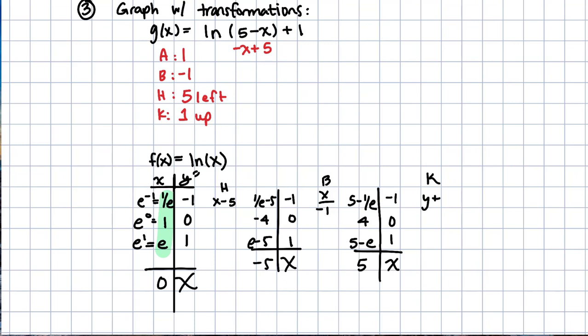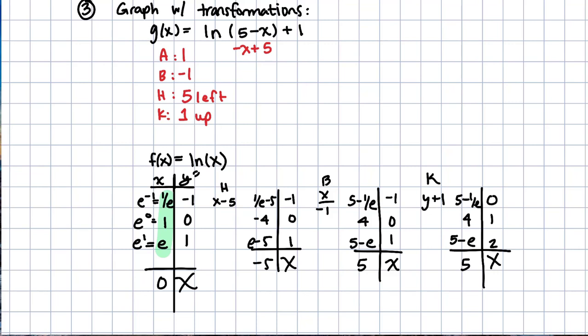The y coordinates are going to shift up 1, so it'll be y plus 1. So negative 1 plus 1 is 0, 1, 2. And then all the x's stay the same.